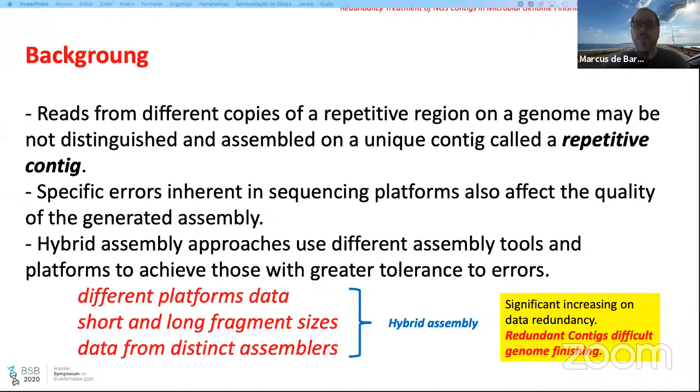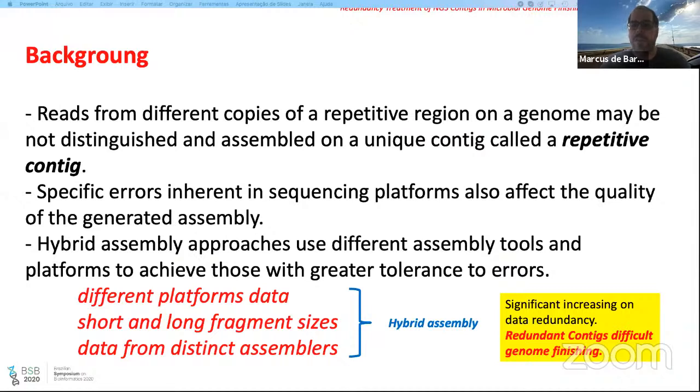Also, it's common for an assembler to create a chimera by joining two distant regions in the genome, and in the end, the reads eventually align with the wrongly assembled genome. So, reads coming from different copies of the repetitive region on the genome may be wrongly assembled as a unique contig, also called a repetitive contig.